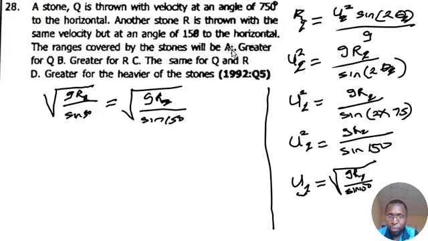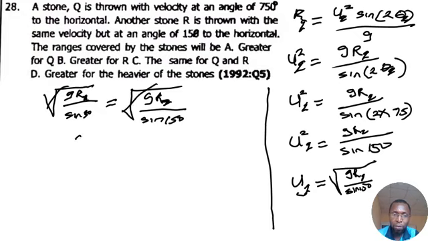It said in that question, the range covered by the stone will be greater for Q. Which one will be greater? Now, when we square both sides, we'll have our square root disappear. So this square root will disappear, we square both sides.